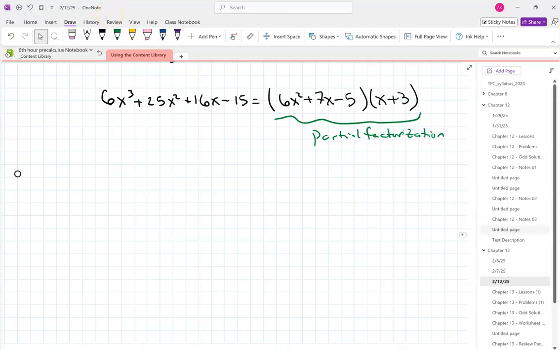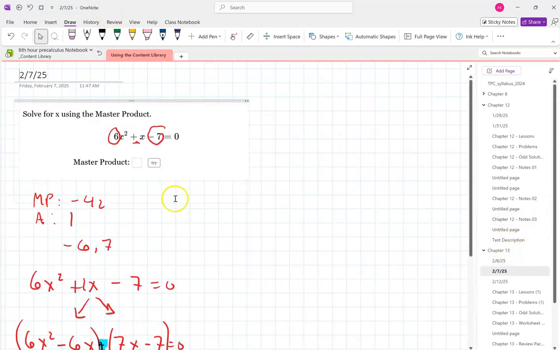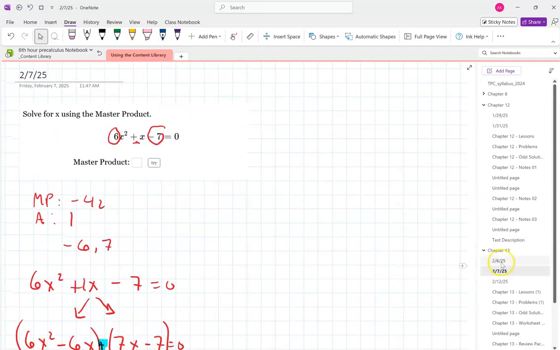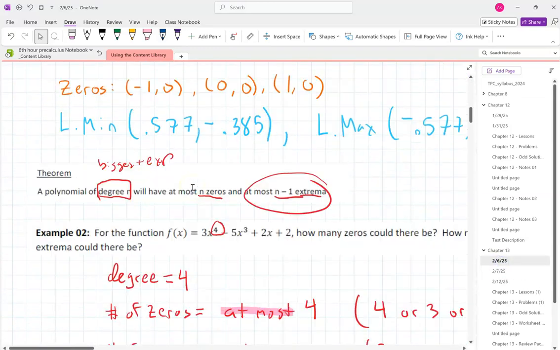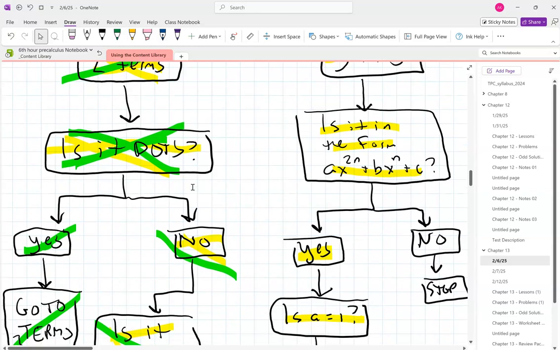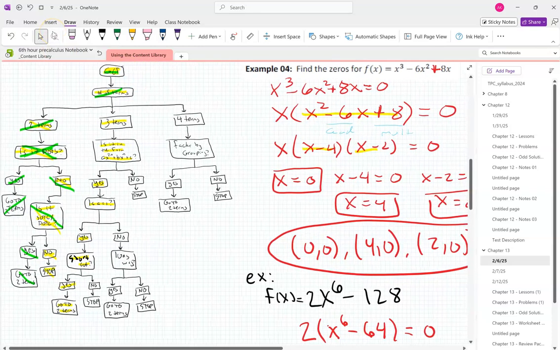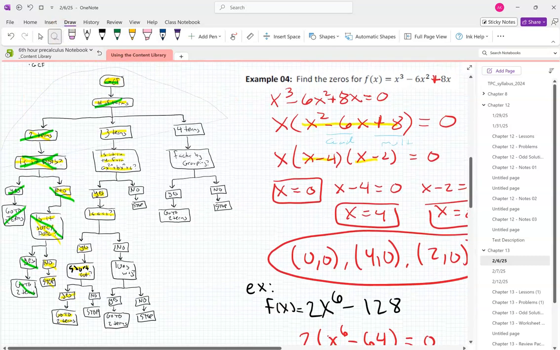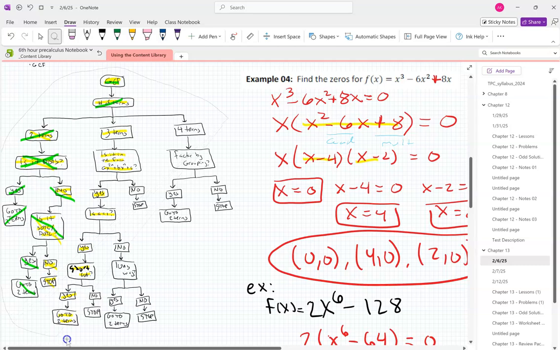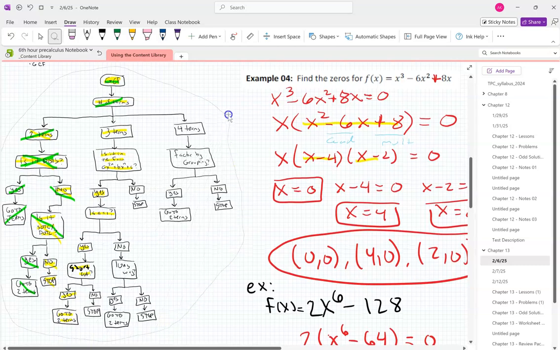That's the next question, because what we're really trying to do here, let me go back to 2 days ago. So you remember when we talked about factoring before, we drew this big factoring tree, right? This decision tree that helped us factor.